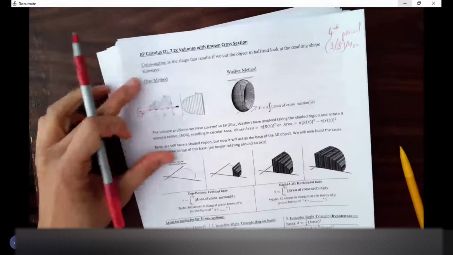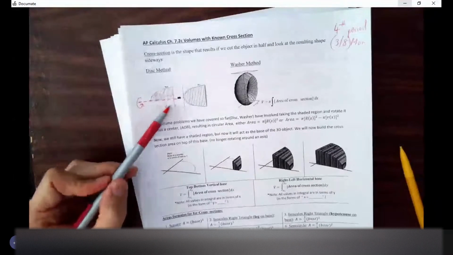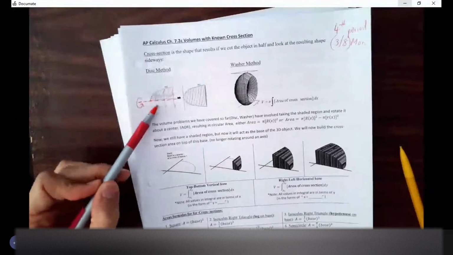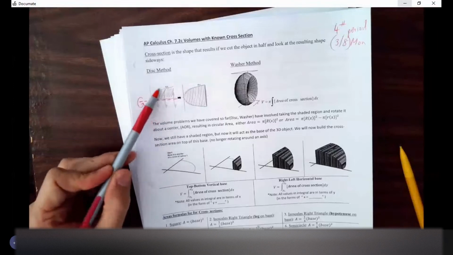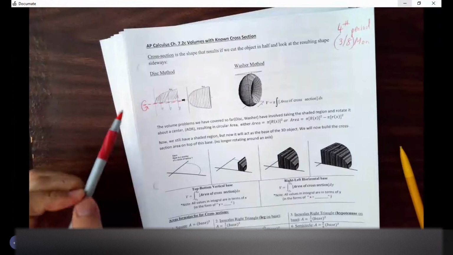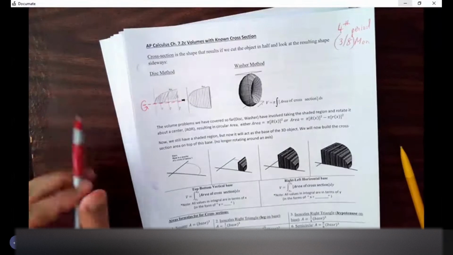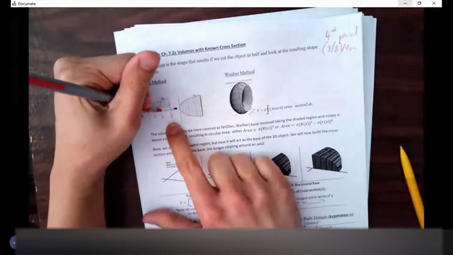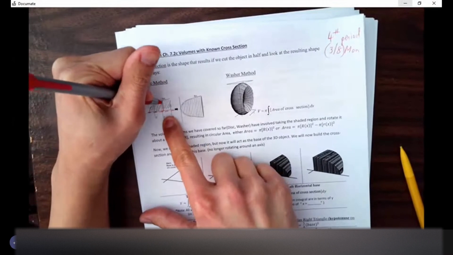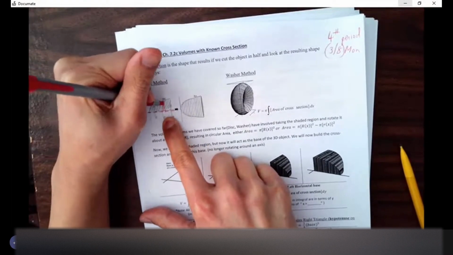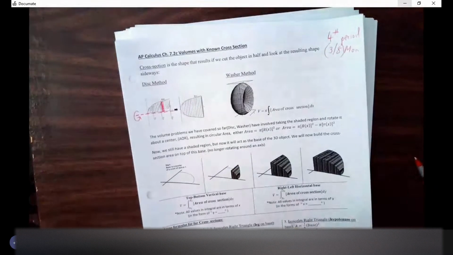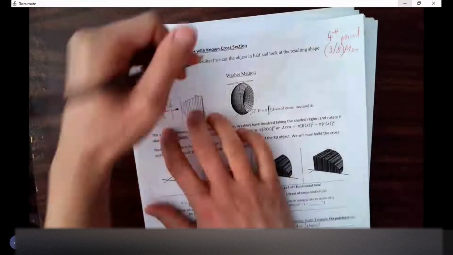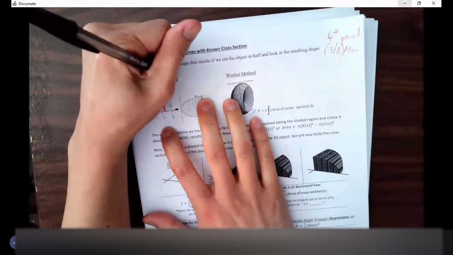And also, just by looking at where our shaded region is in relation to our axis of revolution, we see there's no gap. Our axis is up against a flat surface, so we know that we're dealing with disk method, which means that we only need one radius. Okay, and we always drew our radius perpendicular to our axis because that was how we came across our radius. And from there, we found that distance, either top minus bottom or right minus left, and then we insert it into our disk method formula.